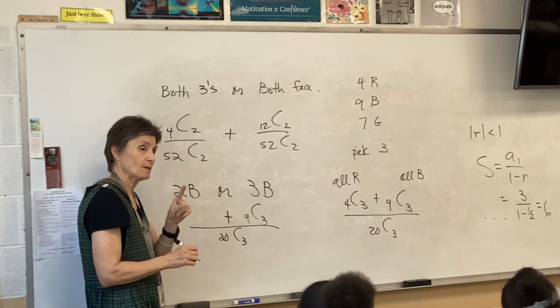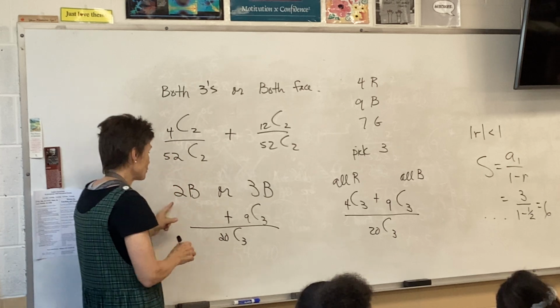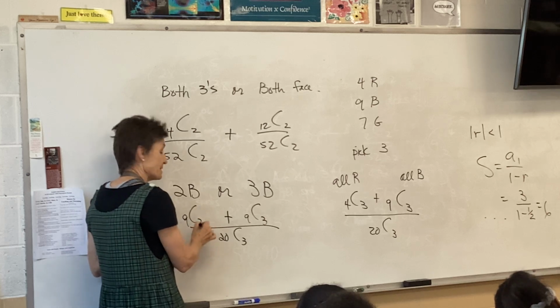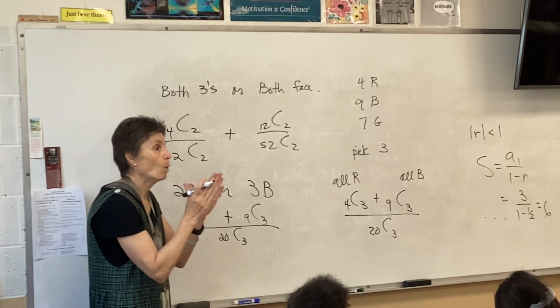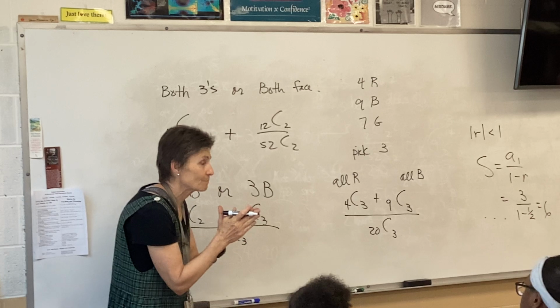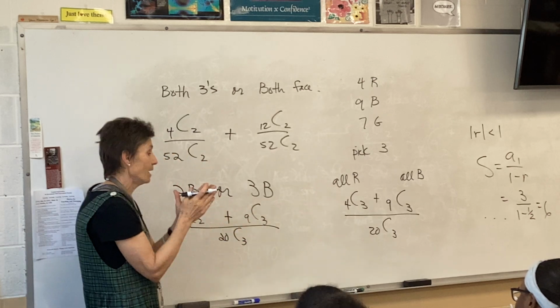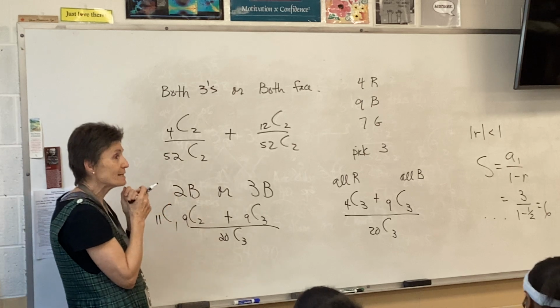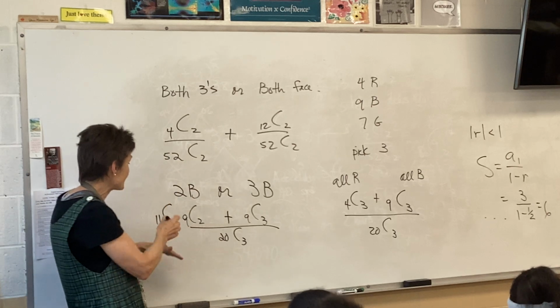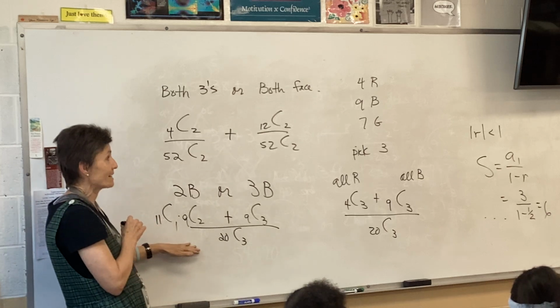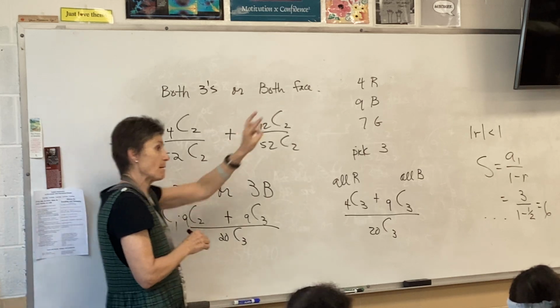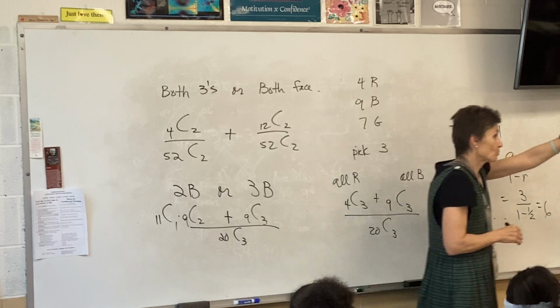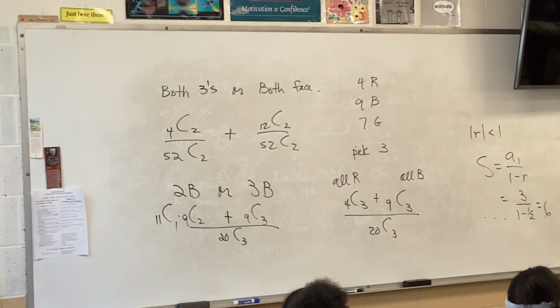Now, here's the tricky one. Because 2 blue, you're gonna say 9C2. But what else? 11C1. Why do I need to include an 11C1 with my 9C2? Because I'm picking how many pens? 3. And if 2 of them are blue, then what's the other one?